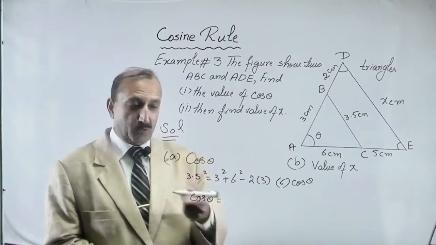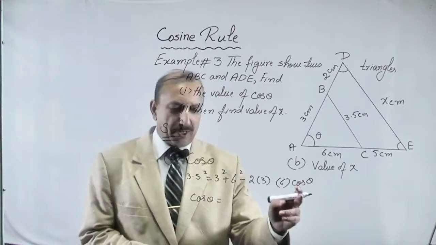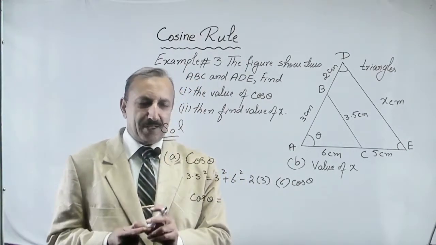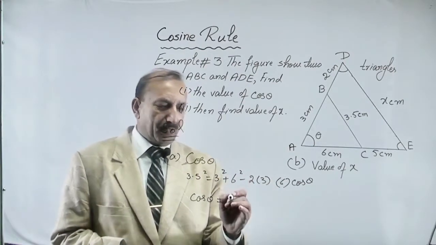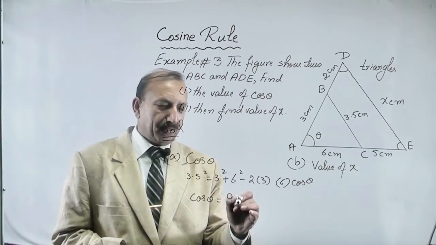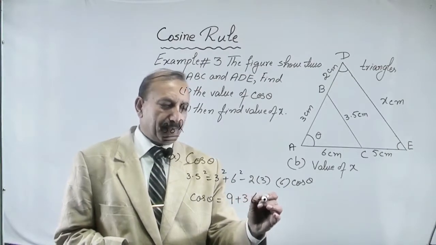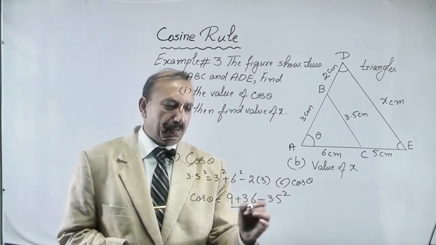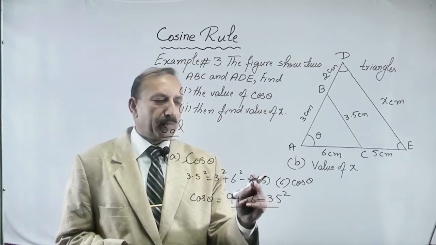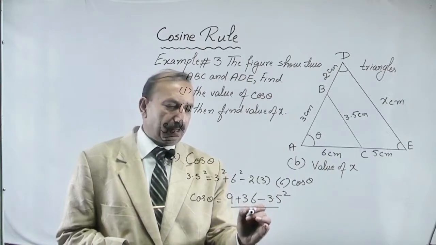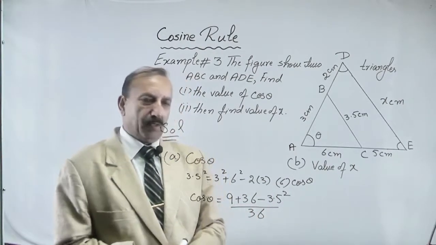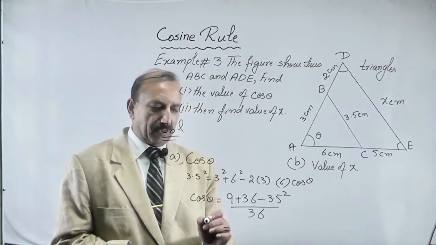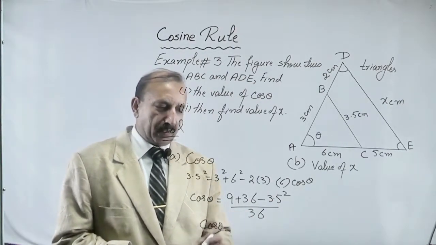So you are supposed to complete it. So cosine of theta is equal to, this is a negative quantity, I will transfer to this side, and this value to this side. We will have 9 plus 36 minus 3.5 squared divided by 2 times 3 times 6, which is 36 here. Just calculate these values for cosine of theta. This will be your first answer.